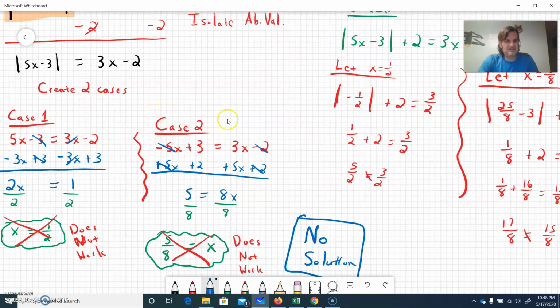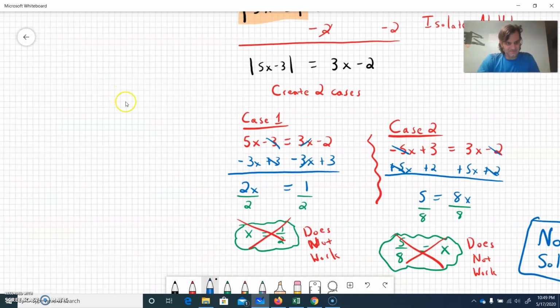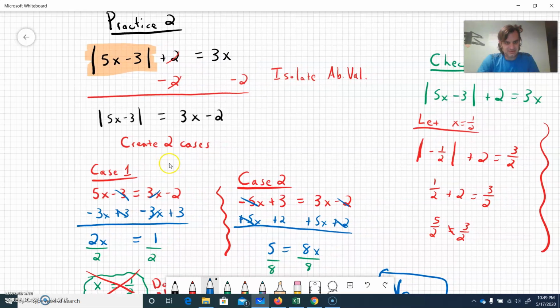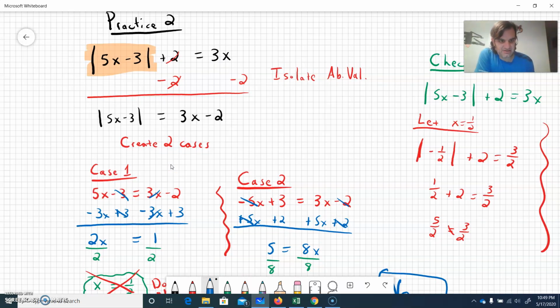If you pay attention up here to the two cases, if we plug both of these in without any other information, it just doesn't balance out. So you can try this out on your own and see if you can figure out where things went wrong, but we do not get a solution from this problem.